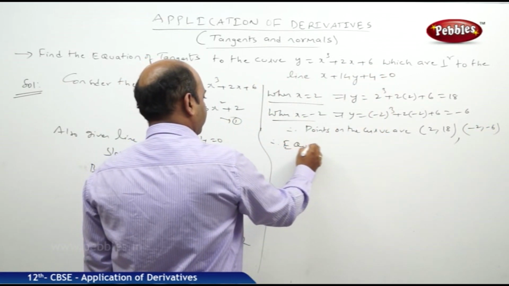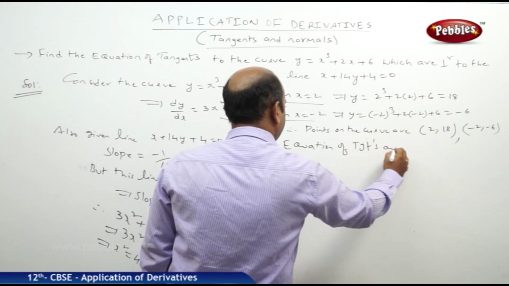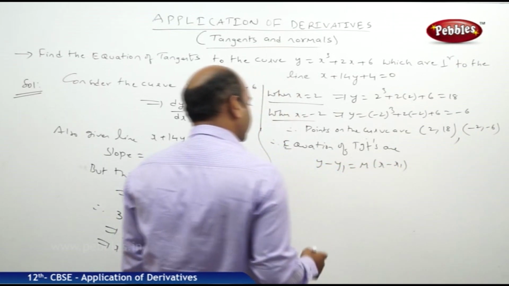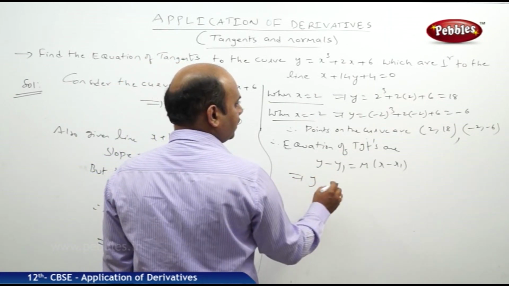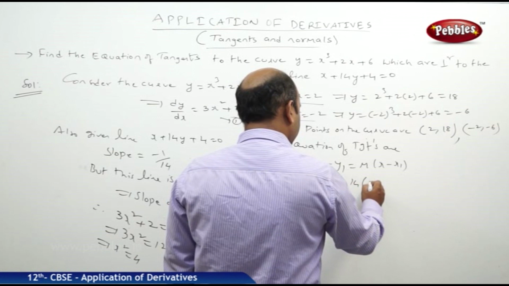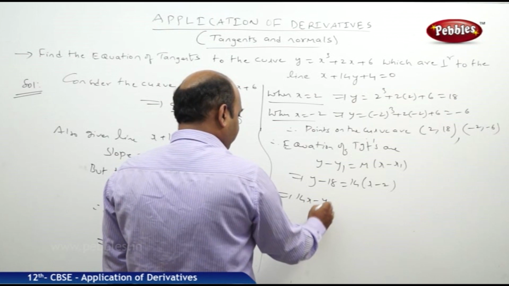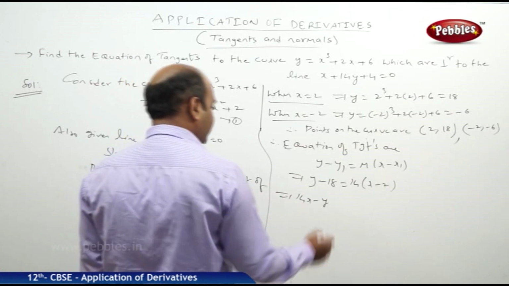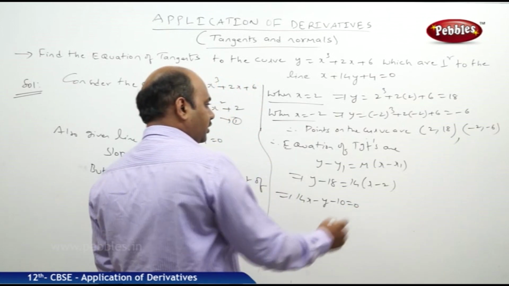Therefore equation of tangents are y minus y1 is equal to m into x minus x1. That implies y minus 18, the very first point, and slope is 14, into x minus 2. So rewriting, 14x, y going to that side means minus y, and minus 28 plus 18, that is minus 10, equal to 0.